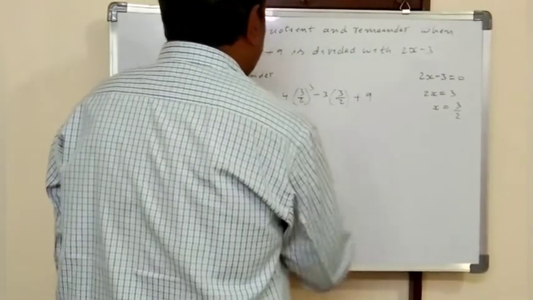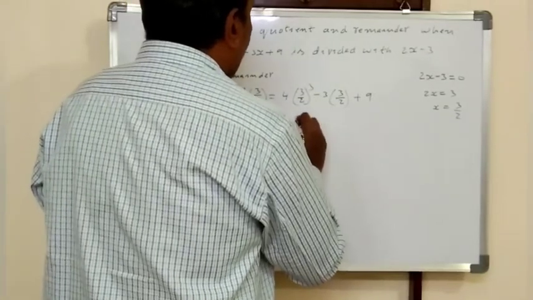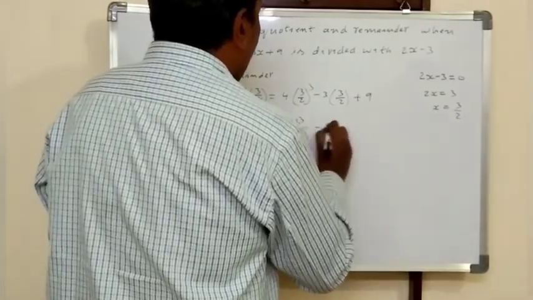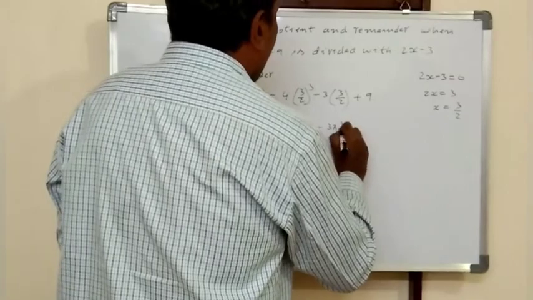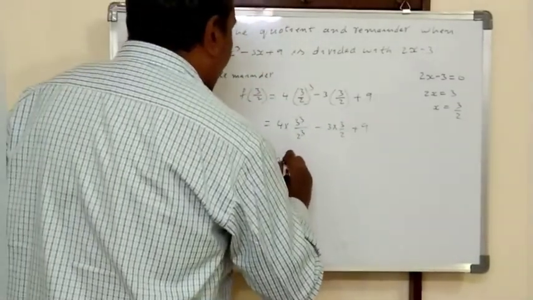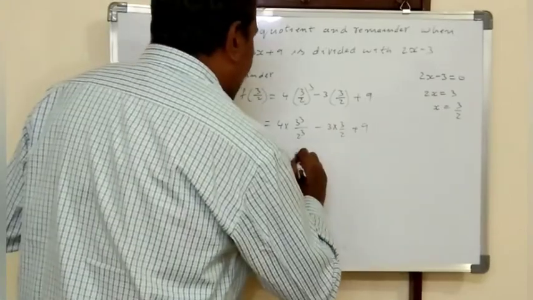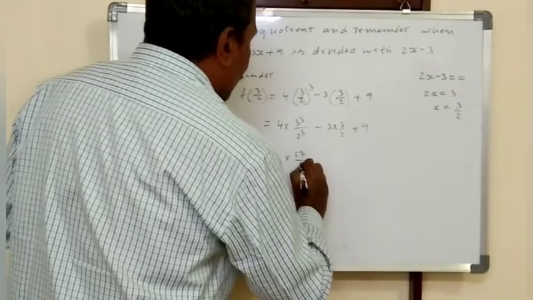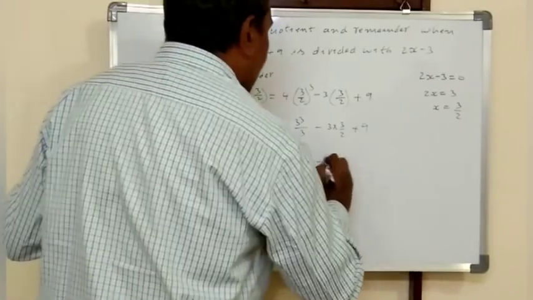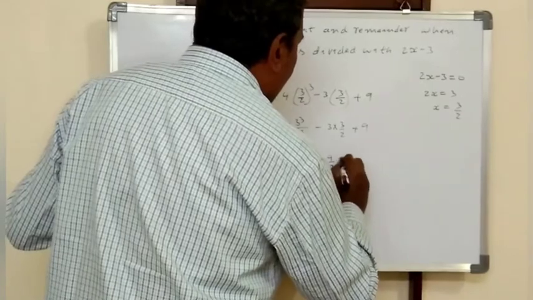So that is 4 into 27 by 8, minus 3 into 9 by 4, plus 9.